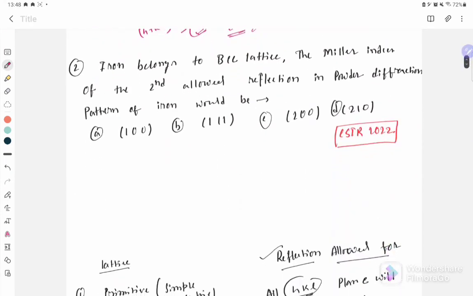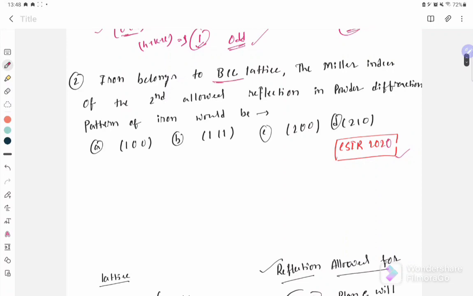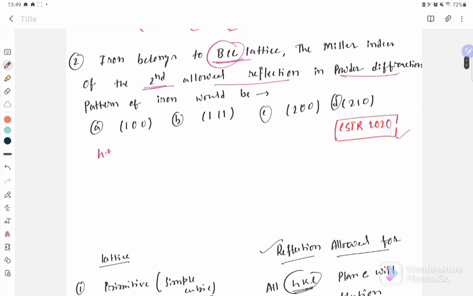Okay, a second question that came in CSIR 2020. Iron belongs to BCC lattice. Okay, the Miller index for the second allowed reflection of the powder diffraction. BCC means h plus k plus l is even.